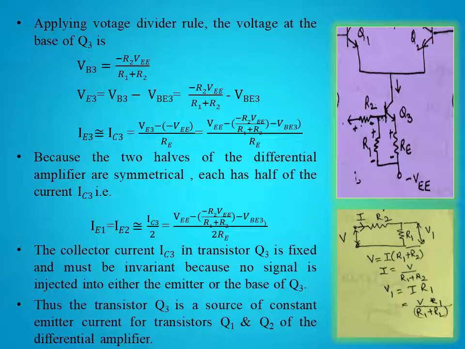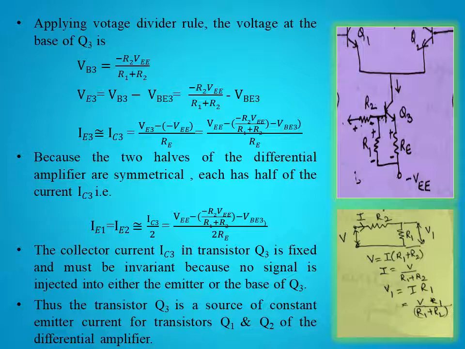Now the collector current IC3 in transistor Q3 is fixed and must remain invariant because no signal is injected into either the emitter or base of Q3. So in the diagram, if we see the base of the Q3 transistor and the emitter of the Q3 transistor, no signal is injected to it, we are not providing any input signal.